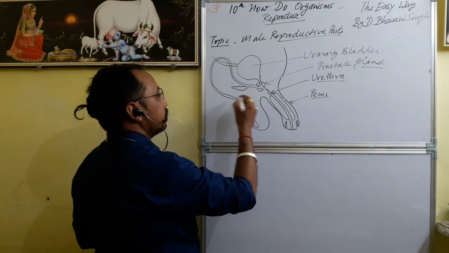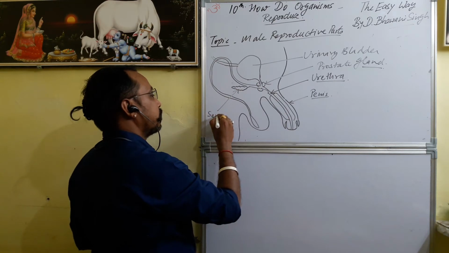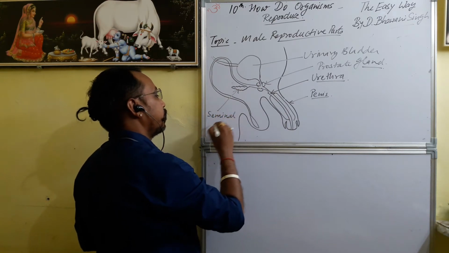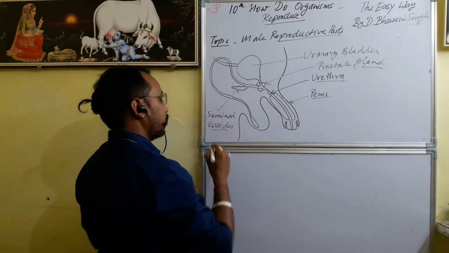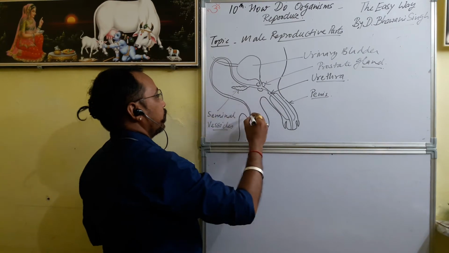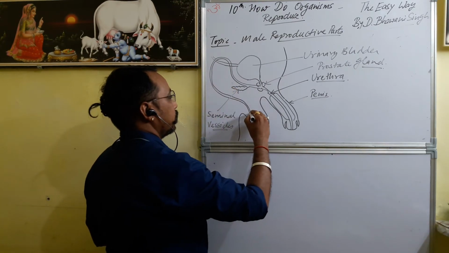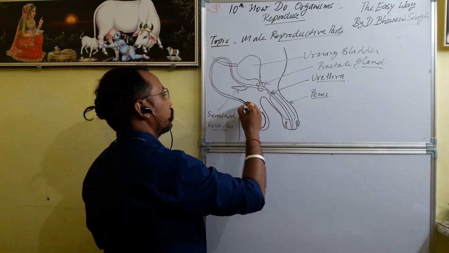This gland is called seminal vesicles. Now this structure, here I draw the testis and the tube that arises and moves forward.